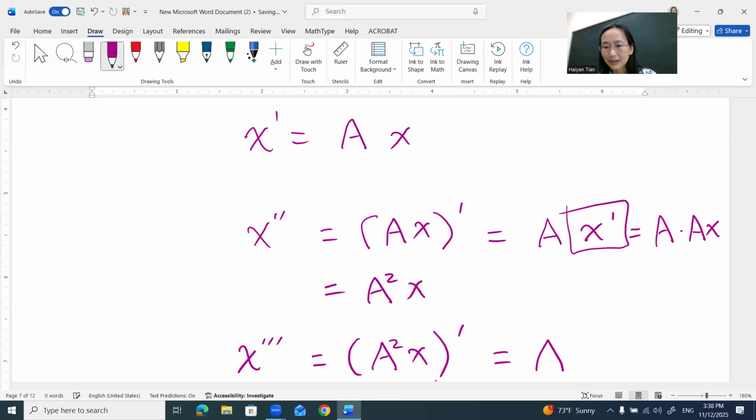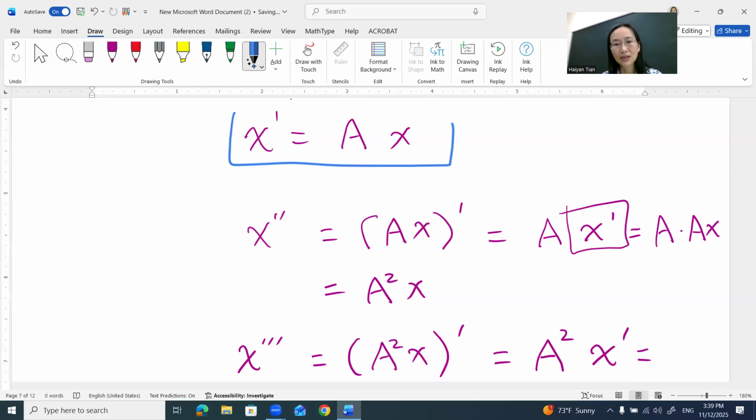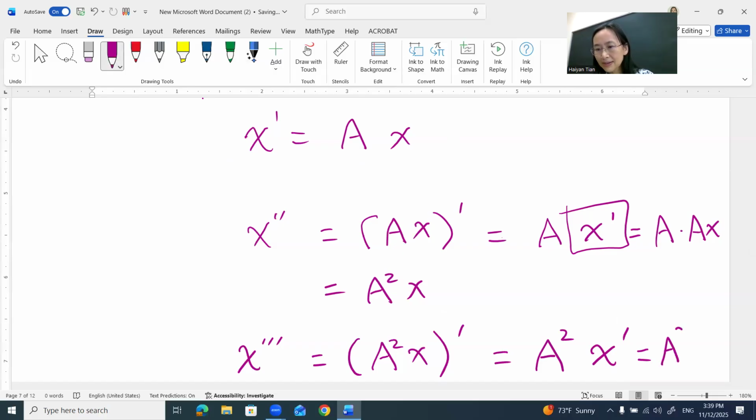Because A is a constant coefficient matrix, we only need to find the derivative of x. The derivative of x, again, remember, is Ax. So let's replace this with Ax. Then immediately we have A squared times Ax, which is A cubed times x. So we discovered the pattern.